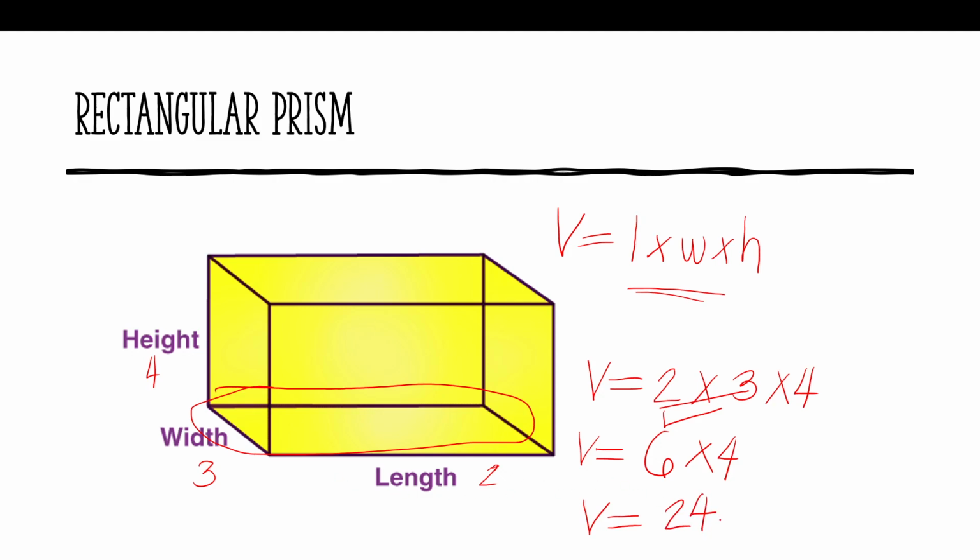And then, the unit ay hindi ibinigay. So, again, pag hindi ibinigay, units or unit po ang ating ibibigay. And dahil ito ay volume, so we have cubic units. So the final answer, or the volume of the figure, is 24 cubic units.